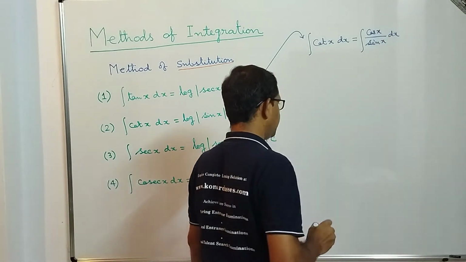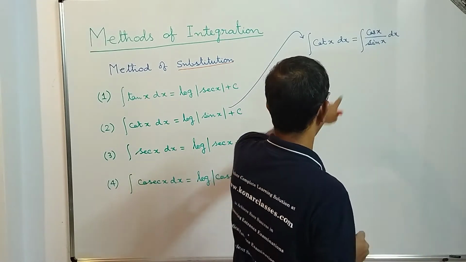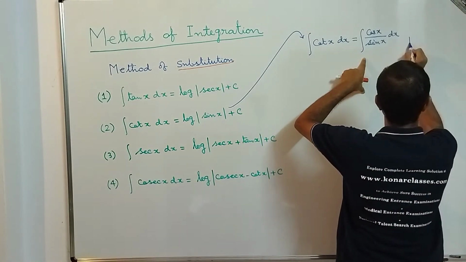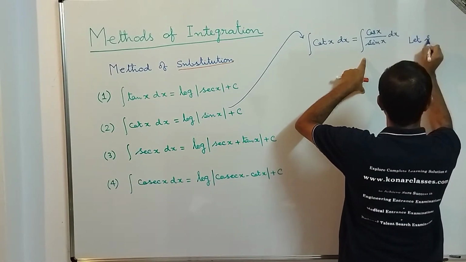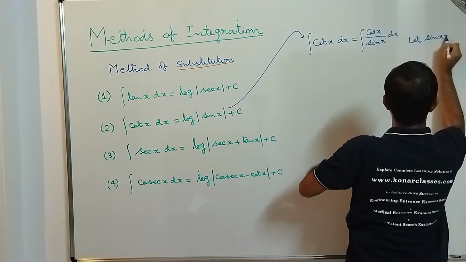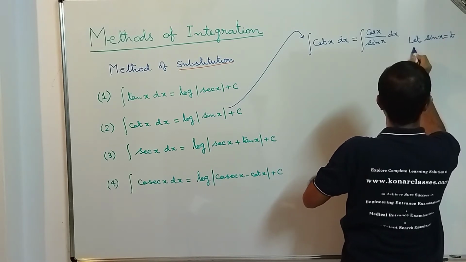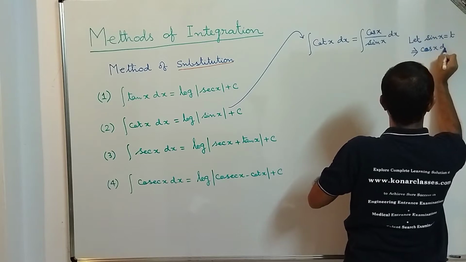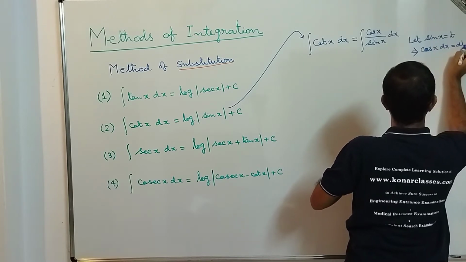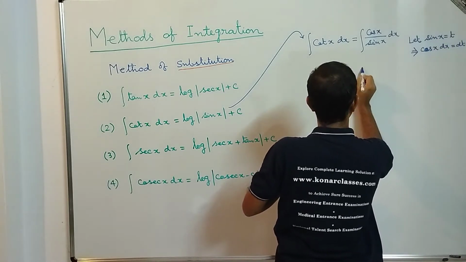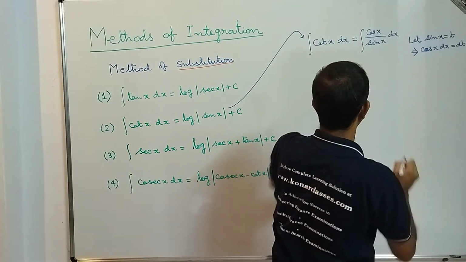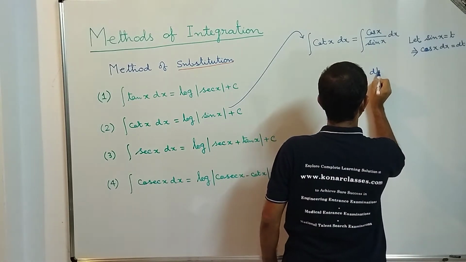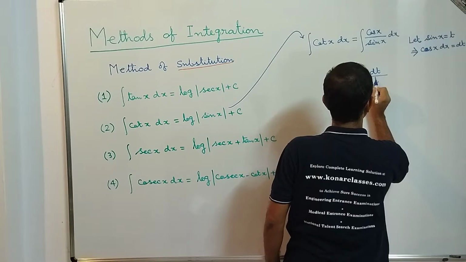The substitution we can make is sin x equal to t. So let sin x be equal to t. This implies that cos x dx is equal to dt, and we apply it here: dt by t.